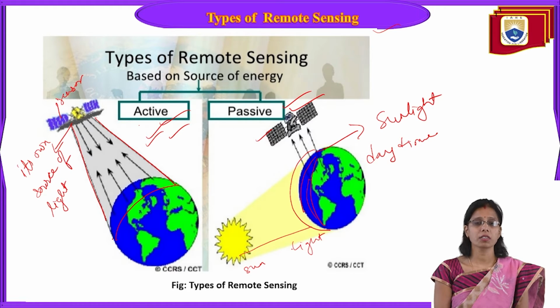So that is an example of active remote sensing, because we are not touching the object, but we are able to get the information with the help of the light. When sunlight is there, we need not put on the flashlight. Whenever the sunlight is not available, we just put on the flashlight and capture the information. It's a very simple example for active remote sensing.